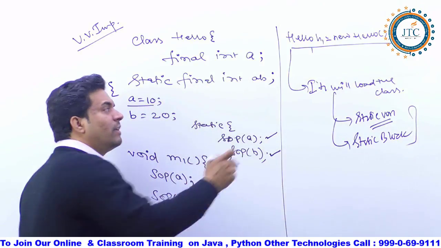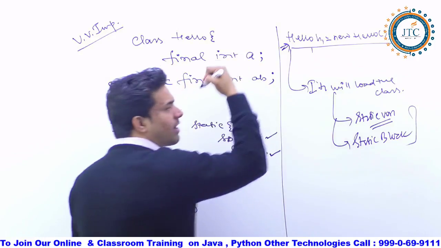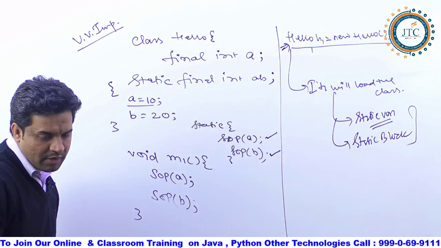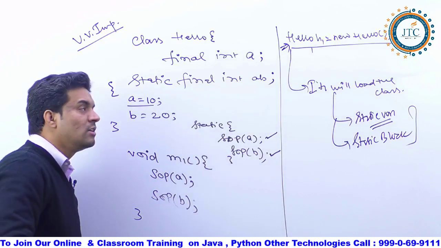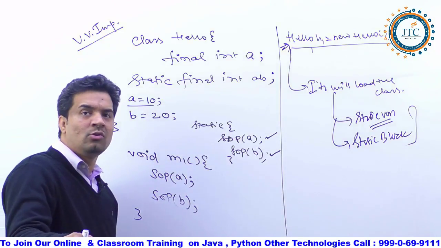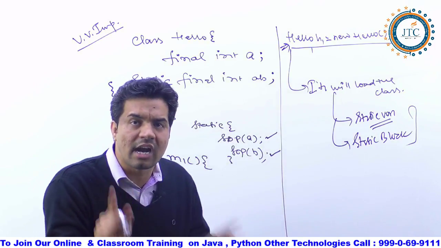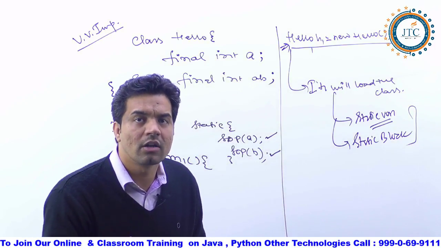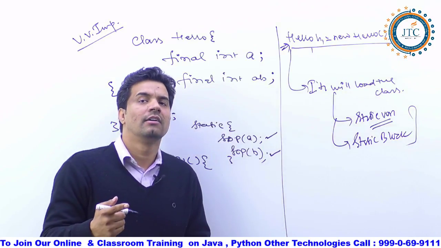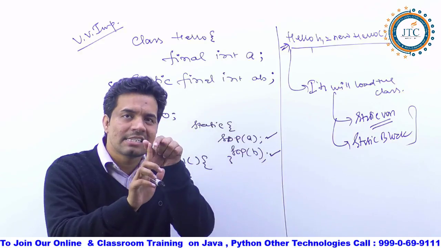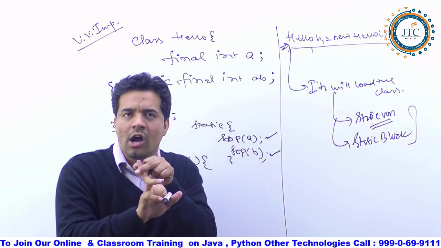Because even when you have created the object of a class, if things have not been done previously, then first it will try to load what? Can you please tell me? Class. And at the loading time what? Its static variable, static block.